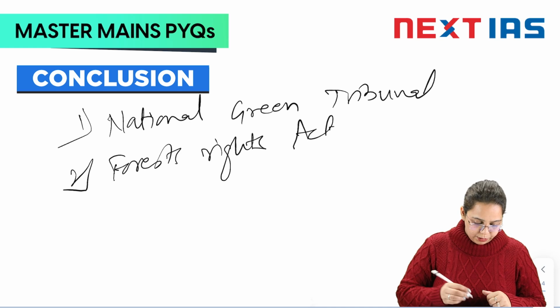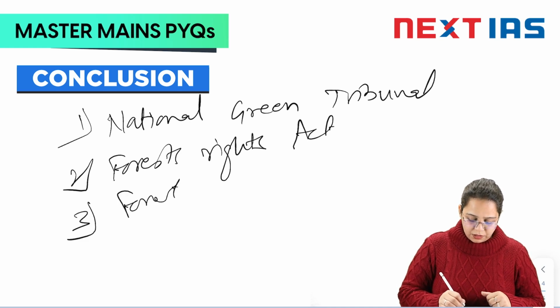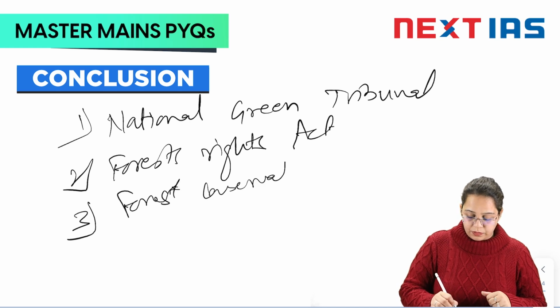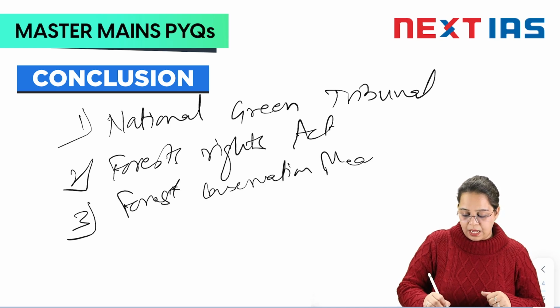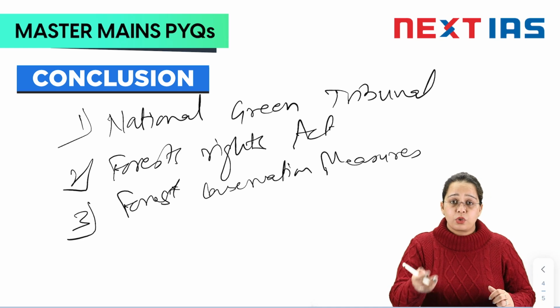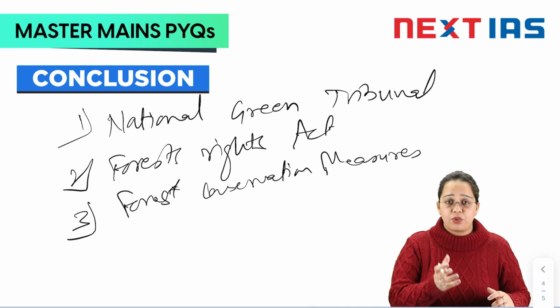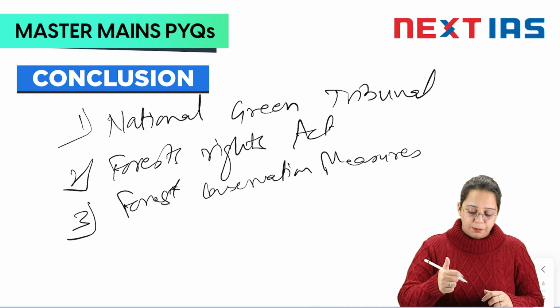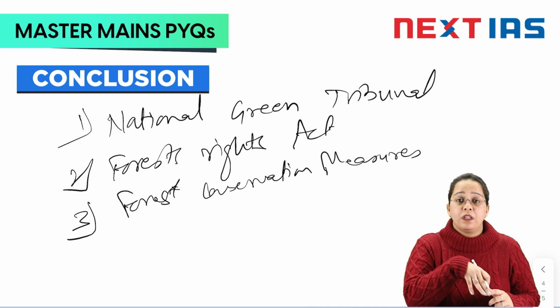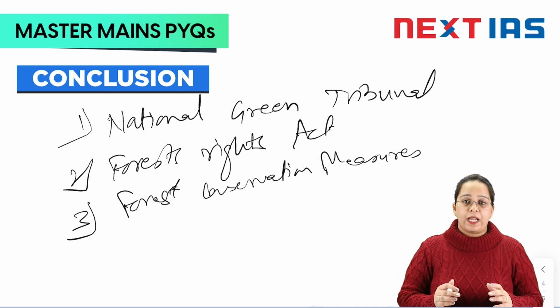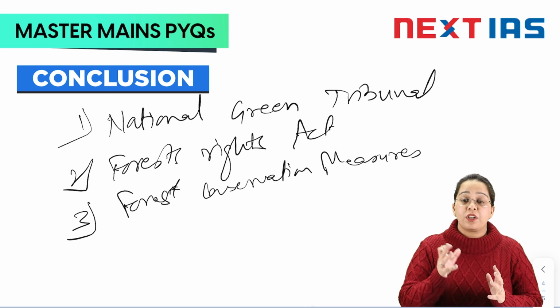You can also write about various forest conservation measures. It has already asked about wildlife sanctuaries, so you can write about other protected areas, national parks and bird sanctuaries also.